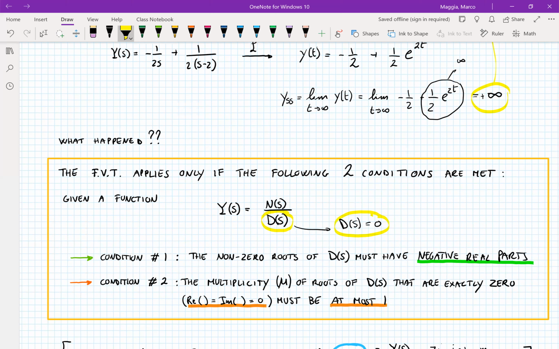And for all the non-zero roots, we take a look at the real part of them. If they all have negative real parts, then the final value theorem applies. If just one of these roots has a positive real part, or even 0 real part, then the final value theorem does not apply.